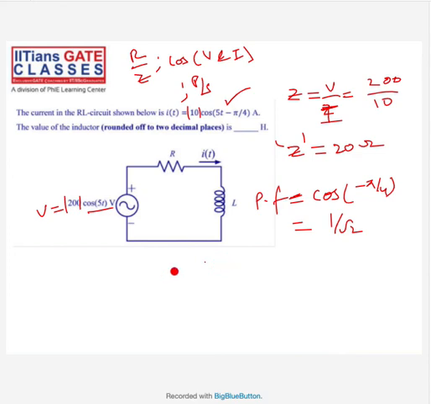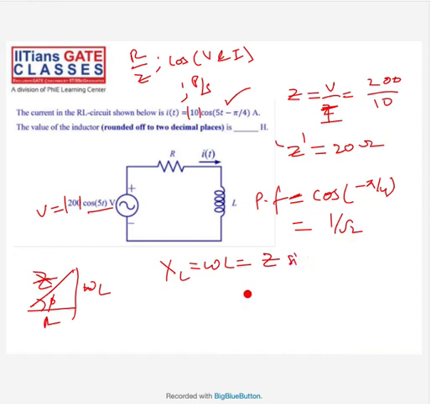See, from the impedance triangle, this is phi, R, Z, L, this is omega L. So what is sin phi? Sin phi is equal to omega L by Z. So omega L is equal to Z sin phi.